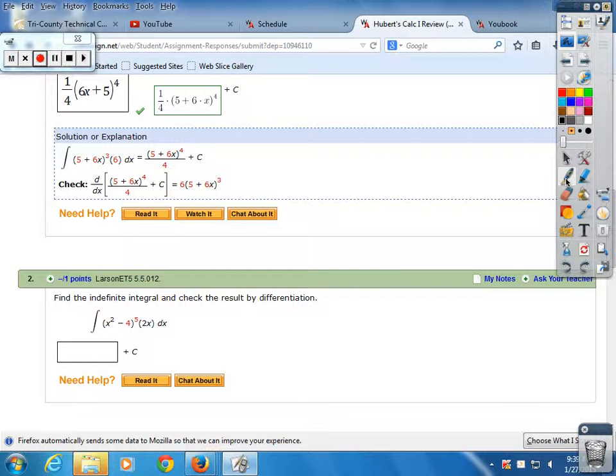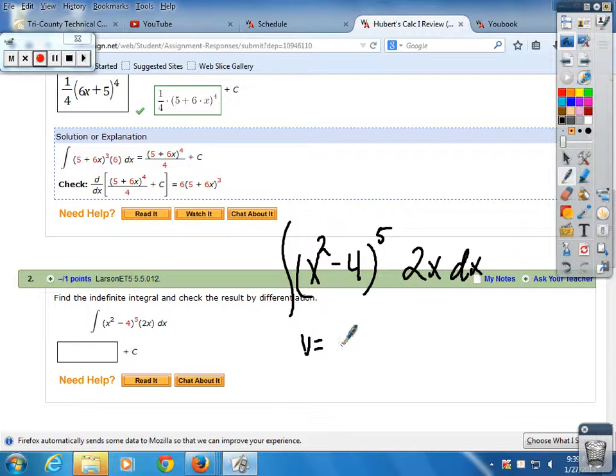Oh. All right, here we go. The antiderivative of x squared minus 4 to the 5th power, 2x dx. U is equal to x squared minus 4, du is equal to 2x dx. And we have that.